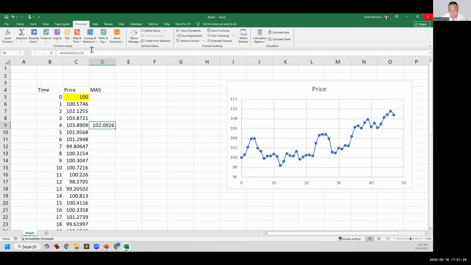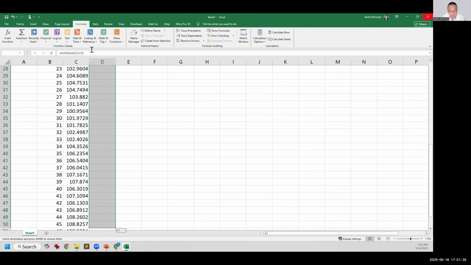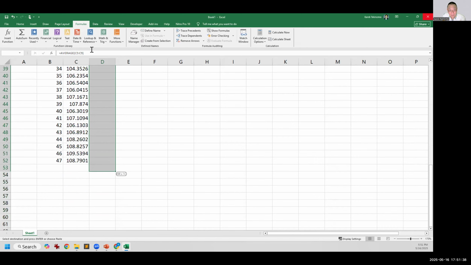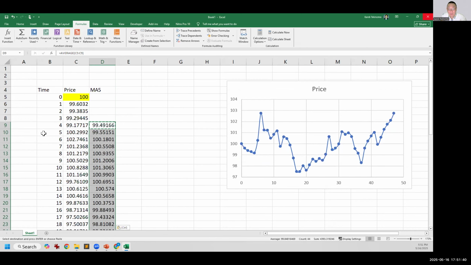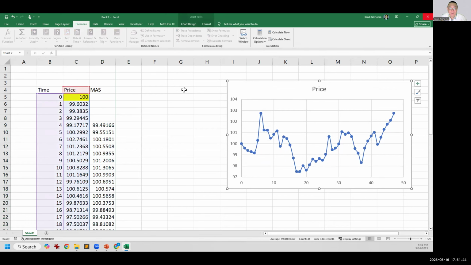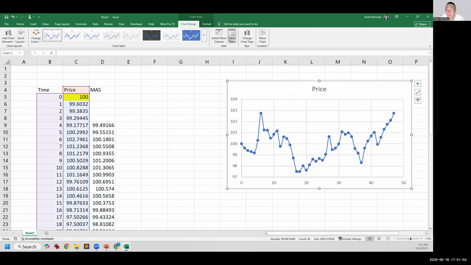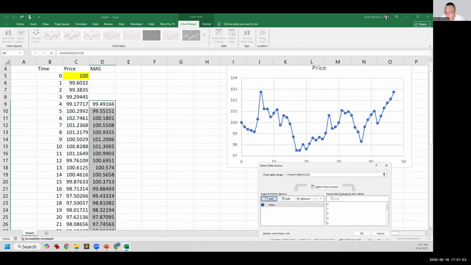And then what we will do is just copy this and put it here. Then we plot again, we do the same thing. So we add to the chart design, select the data, and add a new one.